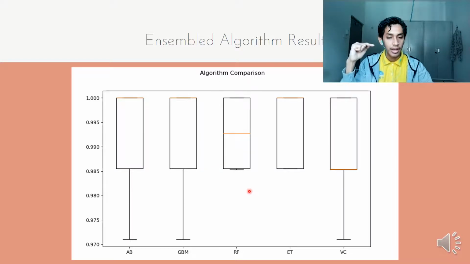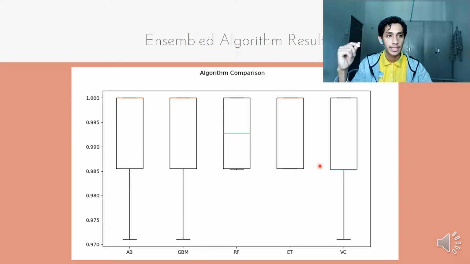For RF, random forest, it has a median of 0.994, which means most of the time when we predict using RF, we will not get 100% accuracy.